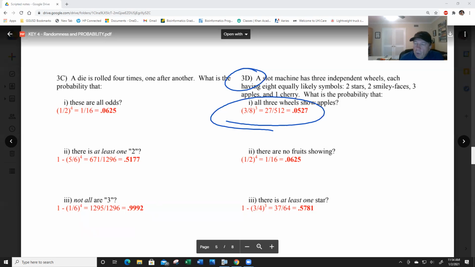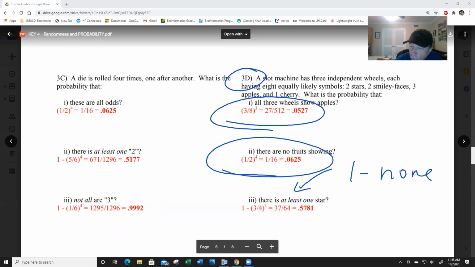Item 2, there are no fruits showing. All right, fruits. Okay, what's a fruit here? Apples and cherries. So 4 of the 8 or half are fruits. So no fruit showing would be 1/2 to the 3rd power. And at least 1 star. Aha! At least 1. I remember I'm going to go 1 minus none. At least 1 is 1 minus none.